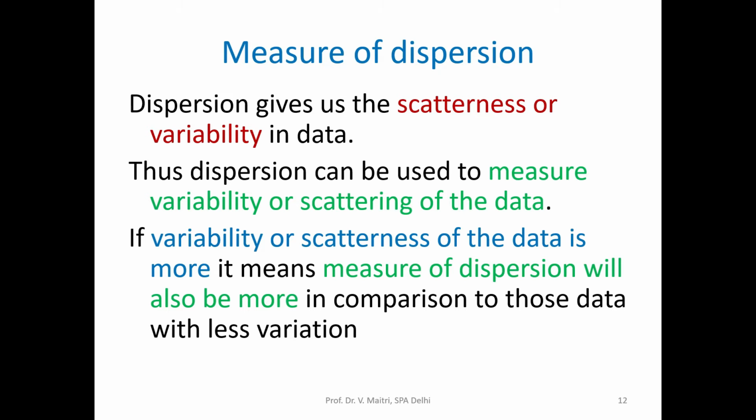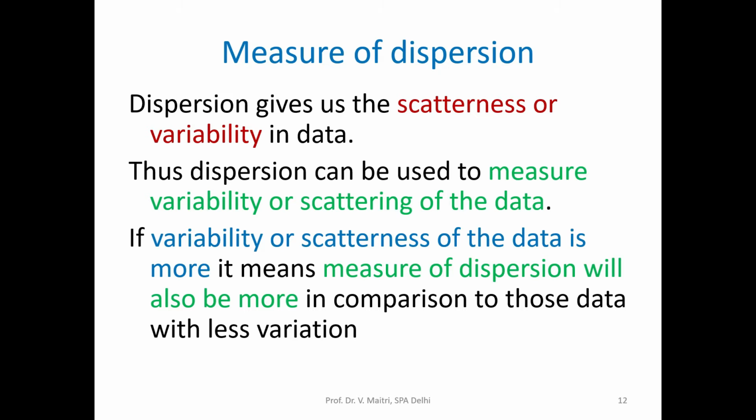Then coming to the measure of dispersion. Dispersion gives us the scatterness or variability in the data, that is, how the data is spread over. With the help of dispersion, we are checking the variability and scattering of the data.